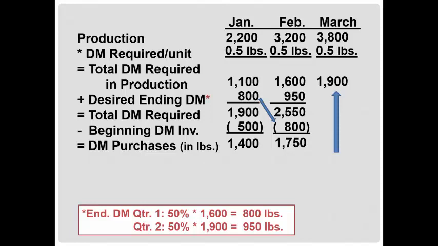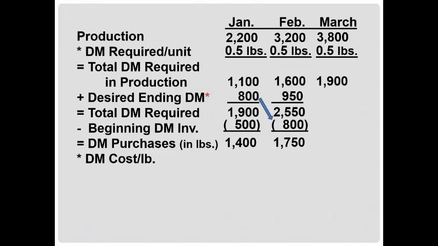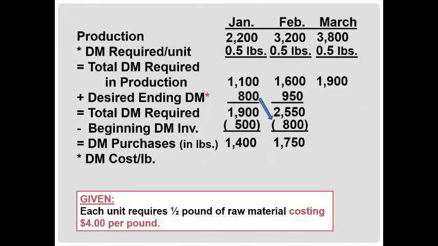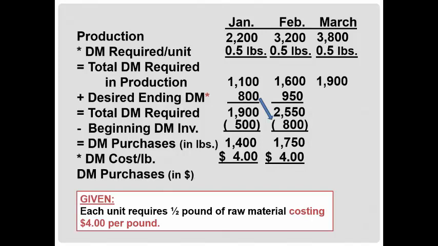Now that we know how many pounds, the purchasing agent can go and find the best vendor for that. And we estimate, if you'll recall, that materials will cost $4 per pound. That was given in the problem. So we'll multiply the purchases by cost per pound of $4, and we get materials purchases in dollars of $5,600 in January and $7,000 in February.